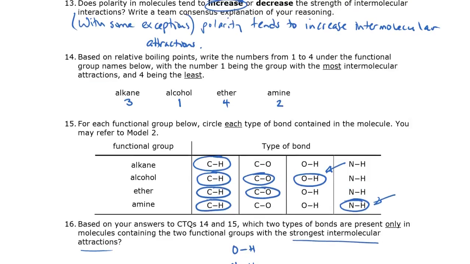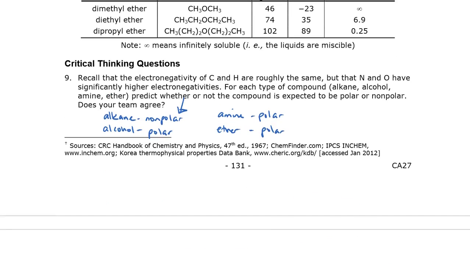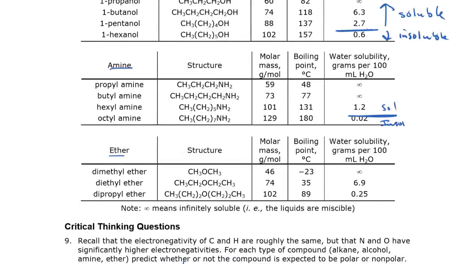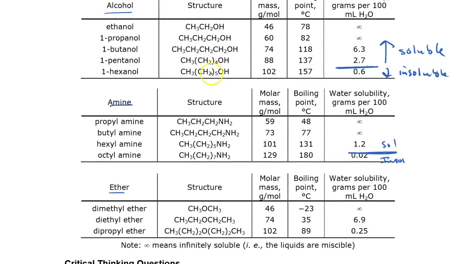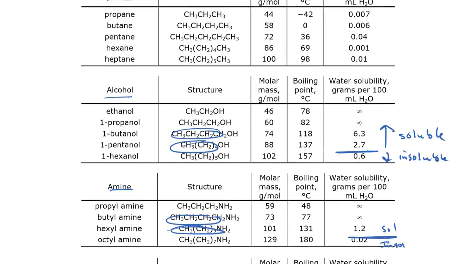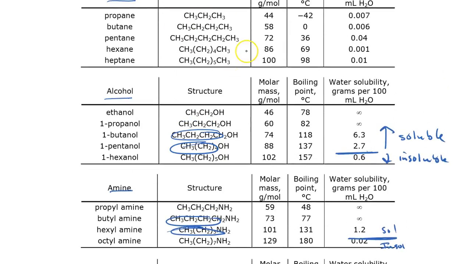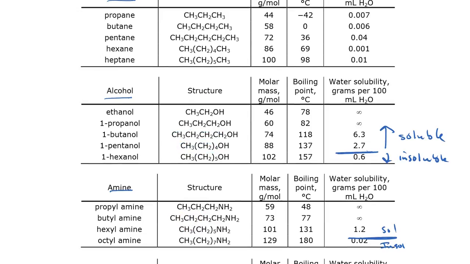And those 5 or 6 carbons, why do I say nonpolar? If I'm looking at 4 carbons, 5 carbons, 6 carbons, those are just hydrocarbons. And we said that hydrocarbons are nonpolar. So, does that make sense?